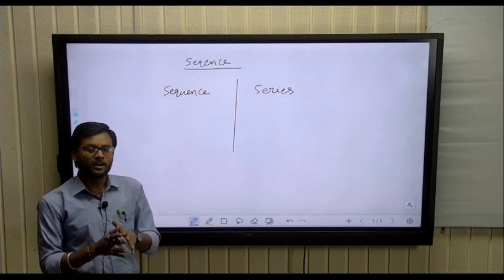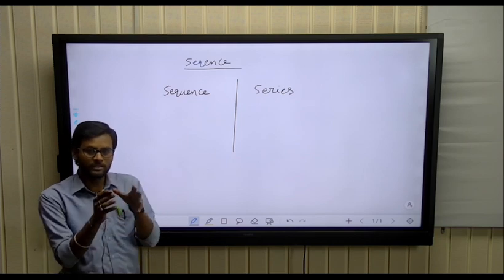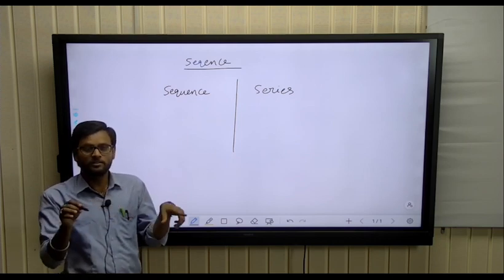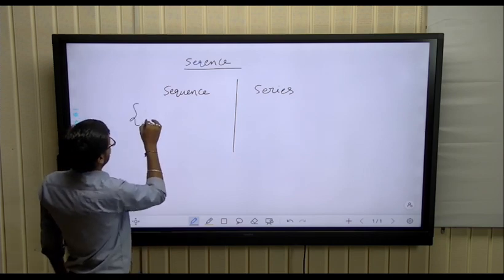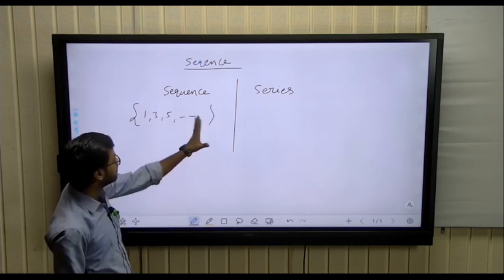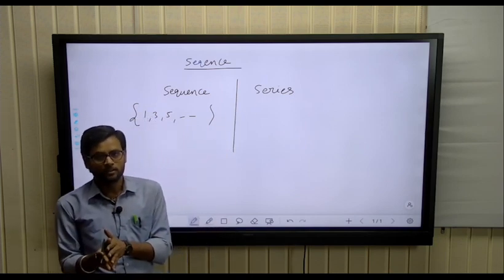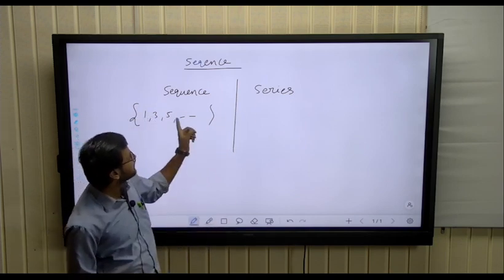We arrange the nth term of a sequence, like 1, 3, 5 and so on. This goes on to infinity, but a series means that we add the nth terms. So this is the difference between series and sequences.